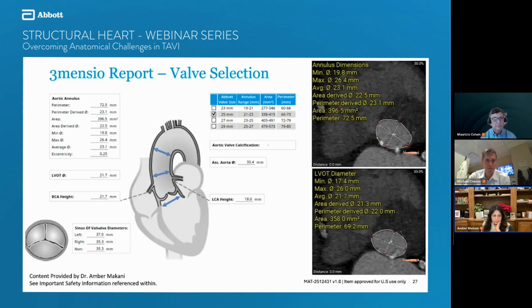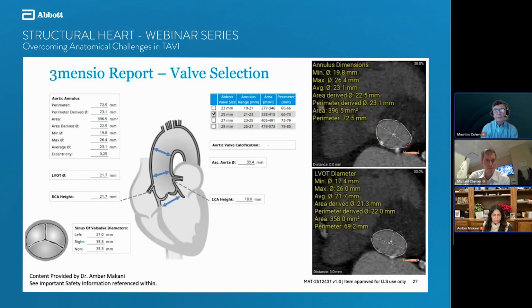Thinking about this in other terms, this would really be a 23 millimeter balloon expandable valve. And so with what we know about patients with small annuli, I think that this valve in particular, but any self-expanding valve, is always a better option here. And you can see that her calcium is to some degree nodular, but certainly not horrific in her annulus.